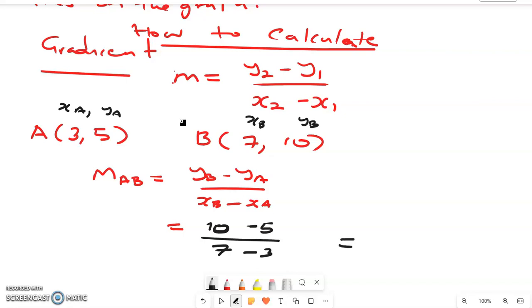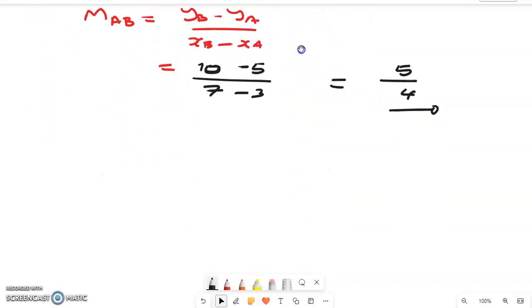So this is 10 minus 5, which is 5, over 7 minus 3, which is 4. So our gradient is positive 5 over 4.